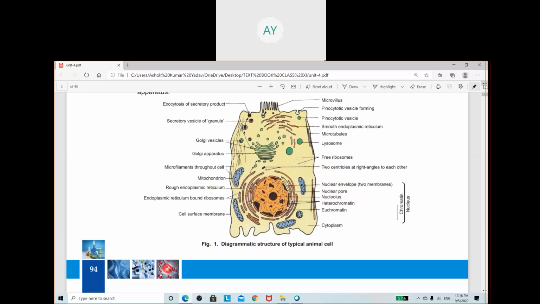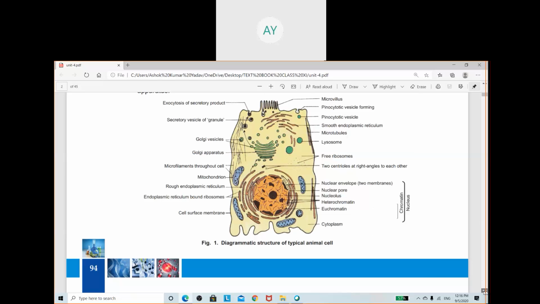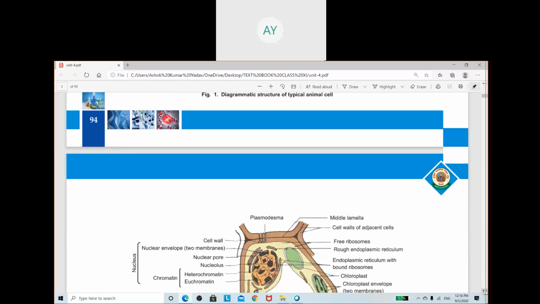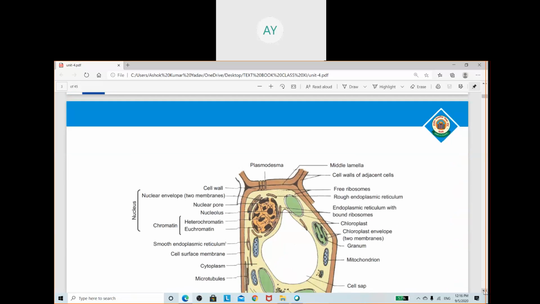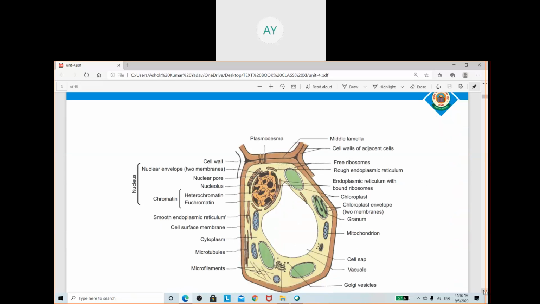Next, the other liquid is present inside the chloroplast. It is the stroma. The chloroplast is a cell organelle, also known as the kitchen of the cell, that is protoplast.